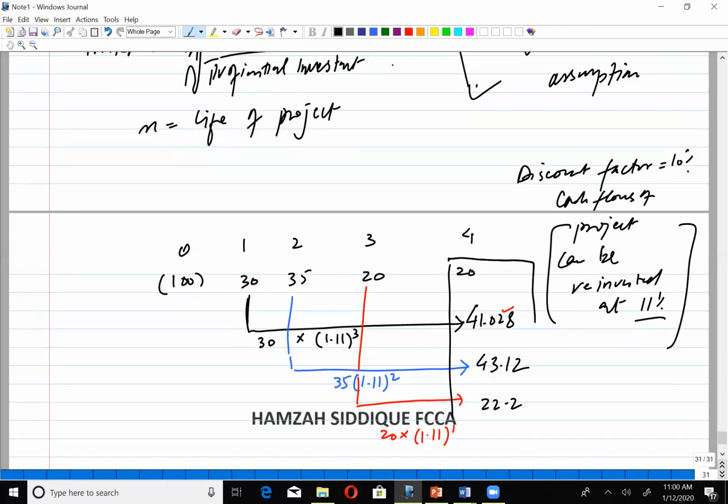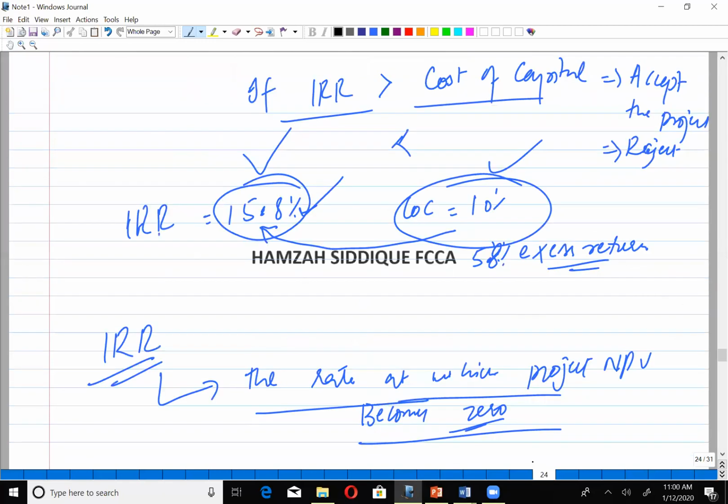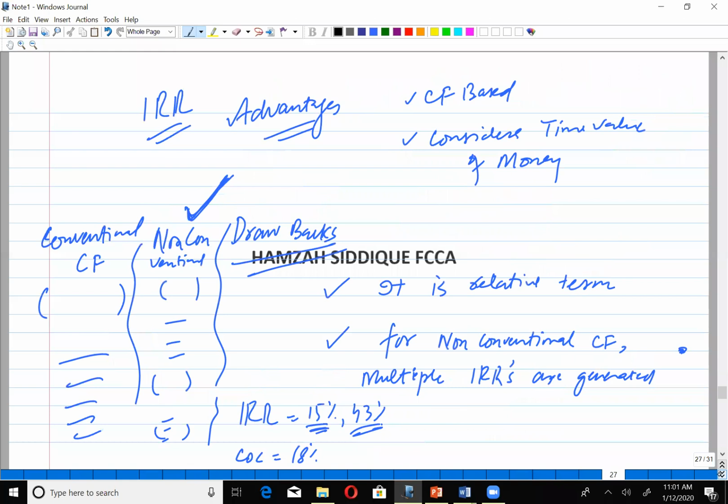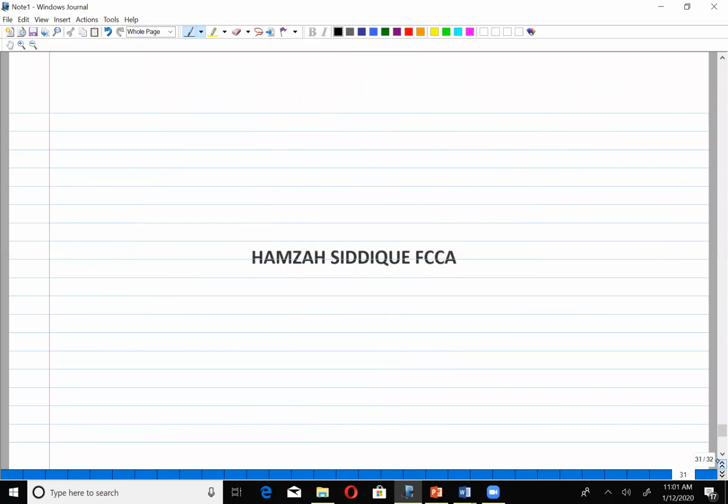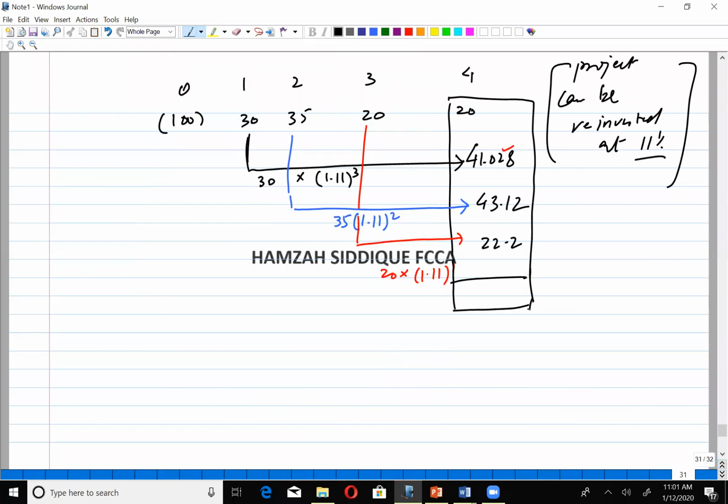Now the year 4 cash flow will be there. Just see here. The sum of all these 4. Tell me the sum.